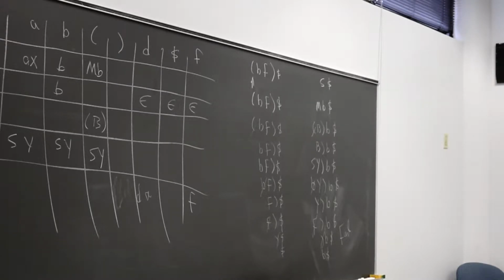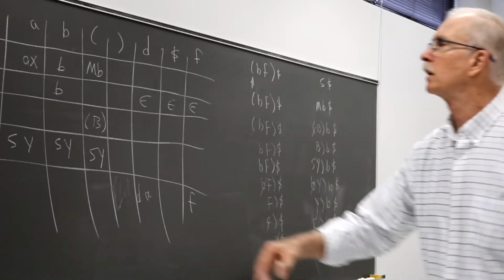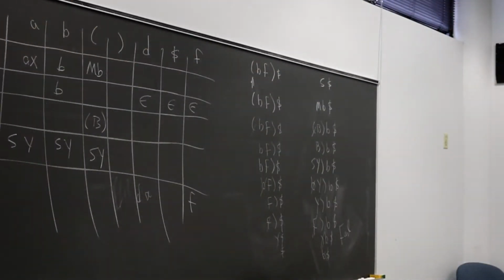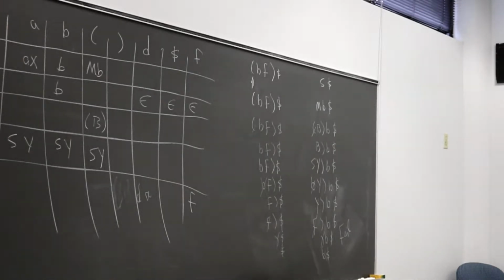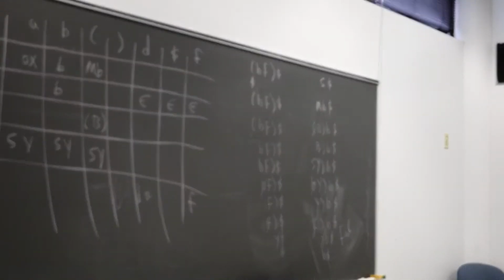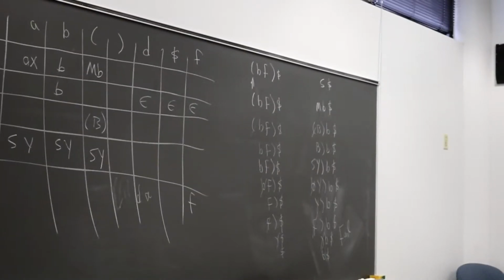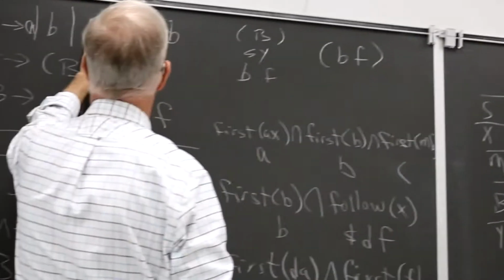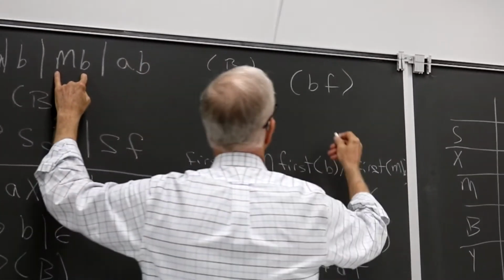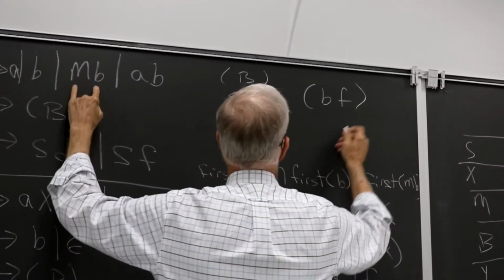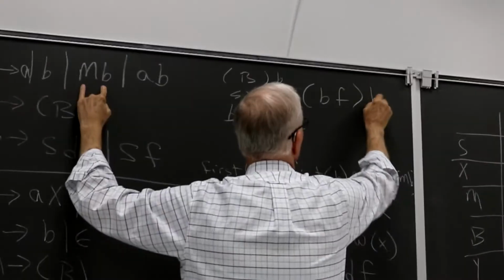Sonia? How did you pick your input strings? I picked my input string because I wrote this down. Why did you write that down? I wrote that down because I looked at the grammar and I said, well, it goes to MB. And so I should have had a B on the end of it to start with.